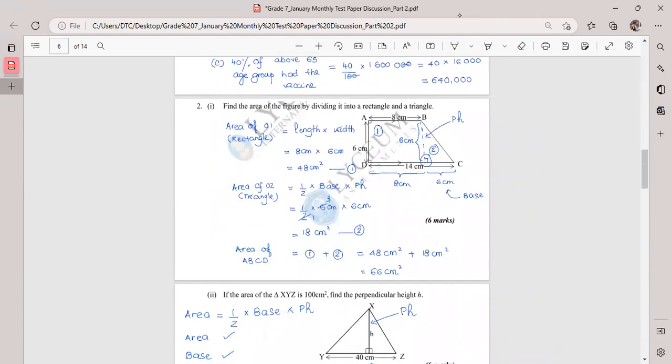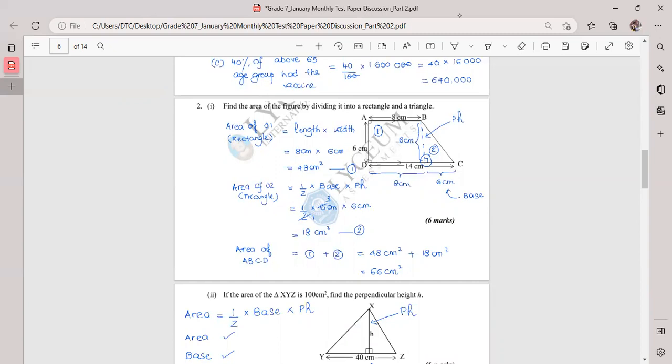See, especially this question number 2, how I have brought the answer, then the neatness, right? And you also can mark everything in the diagram like I have done. It doesn't matter, right? But the problem here is that you are doing it on another paper. In that case, you can mark whatever information I have marked in the paper itself, even though you are not allowed to write the answers in the paper itself.